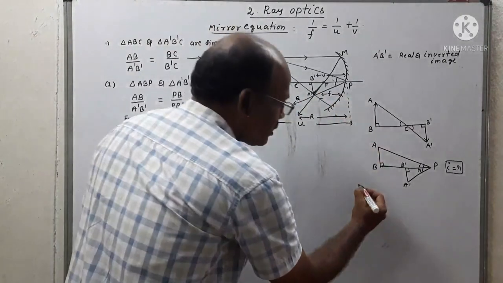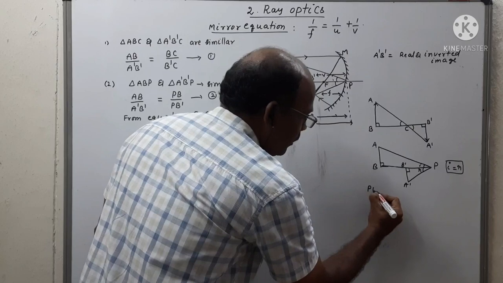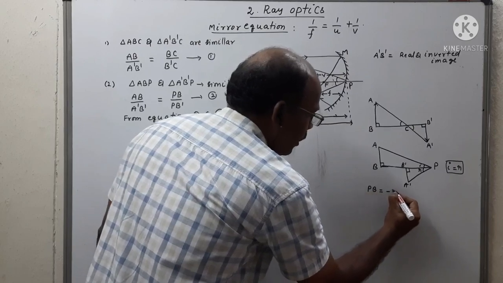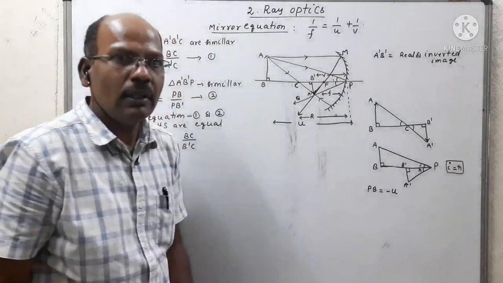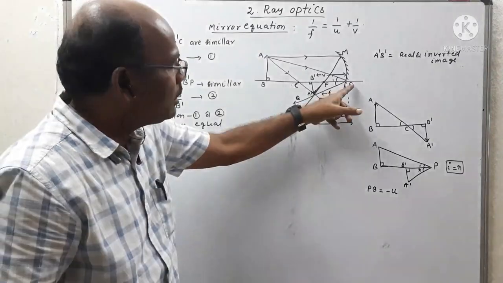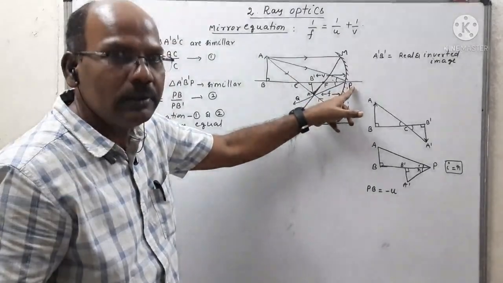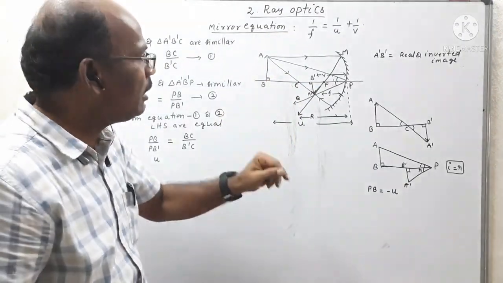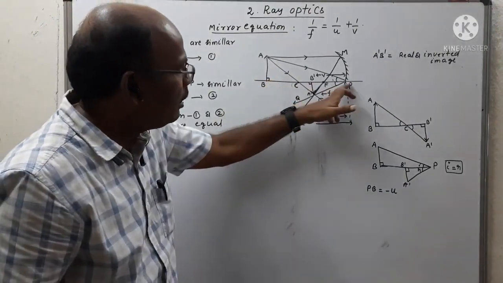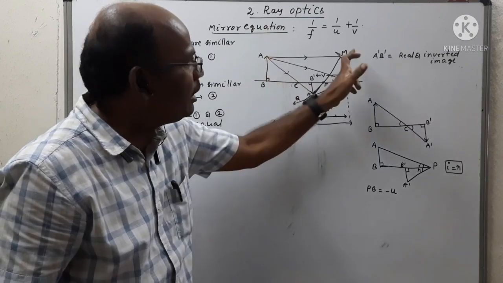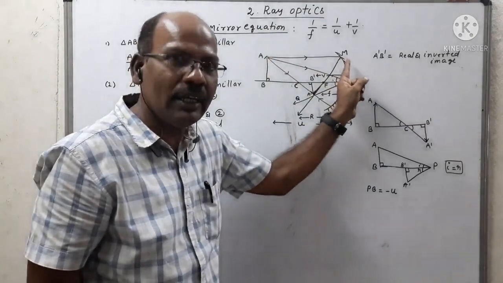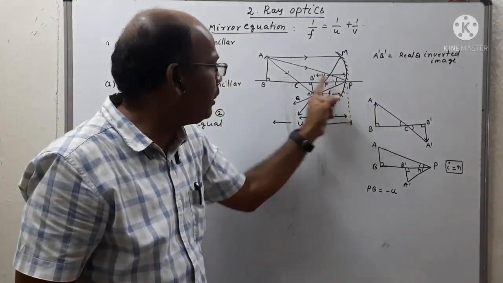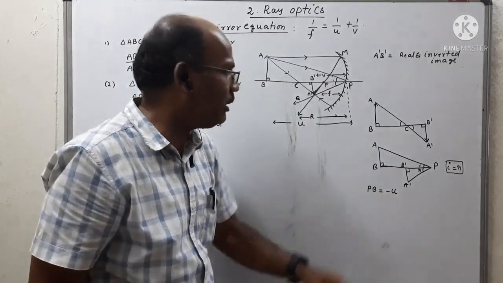But by applying the sign convention, PB is equal to minus u. The first rule: all the distances are measured from the pole, and the distances measured in the opposite direction of the incident light are negative. Light is moving in this direction, but we are measuring from P to B. So this becomes minus u.